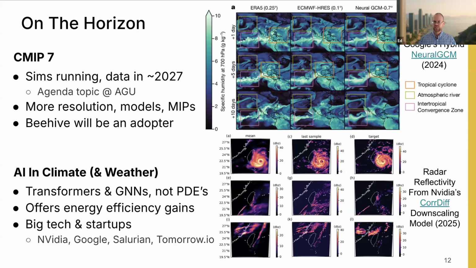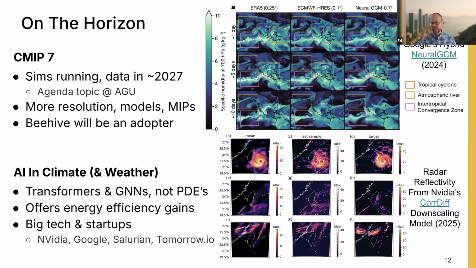And so at the top here, I'm showing a result in the paper from Google's NeuralGCM model, which is just that. It's a combination of a PDE solver and some AI technology to do data fill in. And NVIDIA's CorrDiff does the same thing in a little bit different way. You're looking at plots at the bottom here of simulated radar reflectivity.